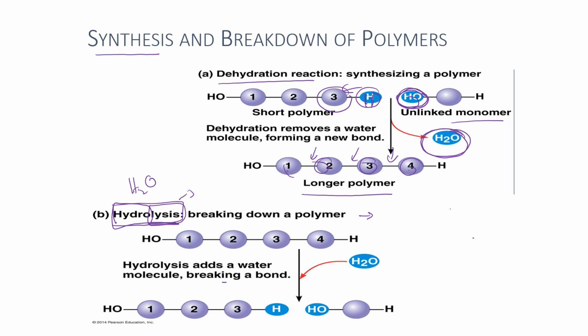So hydrolysis adds a water molecule, breaking the bonds that connect monomers together. A hydrogen atom will be added to one monomer, and a hydroxyl group will be added to another monomer, as the result of breaking bonds between the monomers in a polymer.